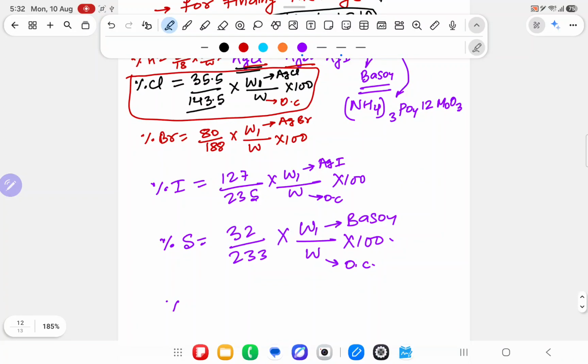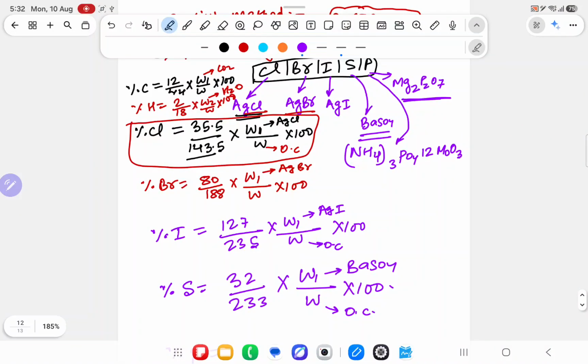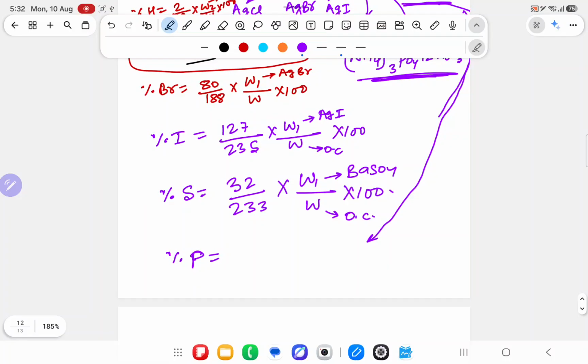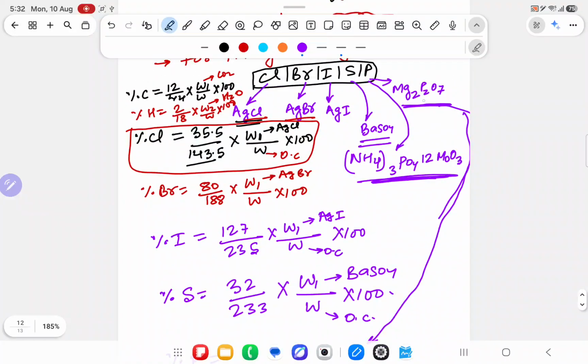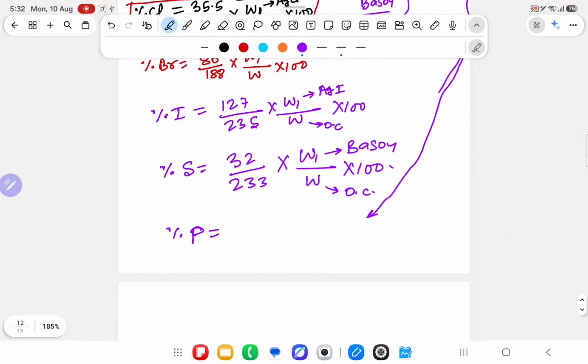If I have to find the percentage of phosphorus, check in the product what they will write. Either they have written this or they have written this. If they have written this, then what is the formula you will use? Weight of phosphorus, phosphorus is 31. But in this part, how many phosphorus are there, sir? 2 phosphorus are there.